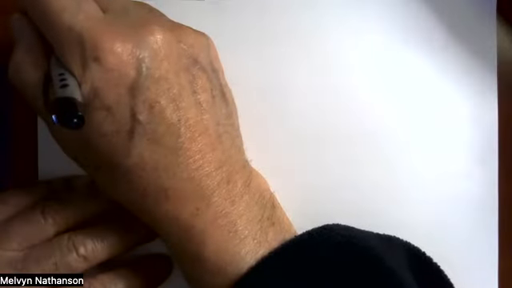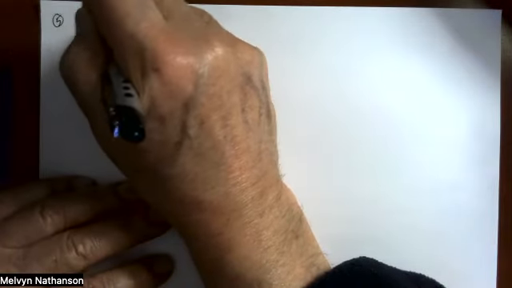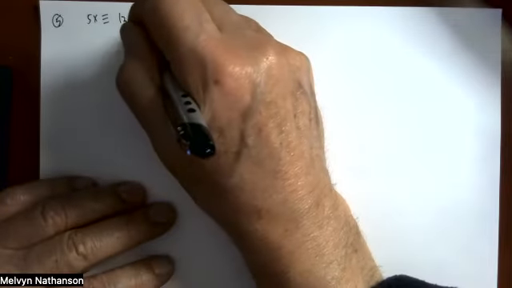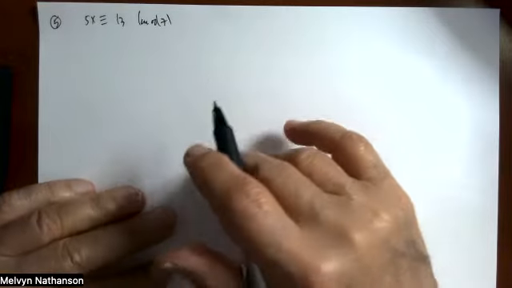Problem 5 is to solve some linear congruences. We want to find all solutions of 5x congruent to 13 mod 7. So there are many, many different ways to do this.